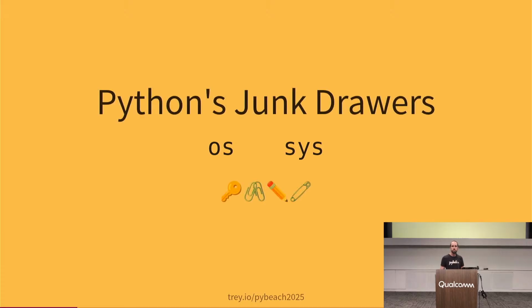The Python standard library has 2 modules that I think act as junk drawers. The sys module is the junk drawer for stuff related to the Python interpreter. The os module is the junk drawer for stuff related to the computer that your code is running on. The os module has lots of file-related stuff and a bunch of other stuff.